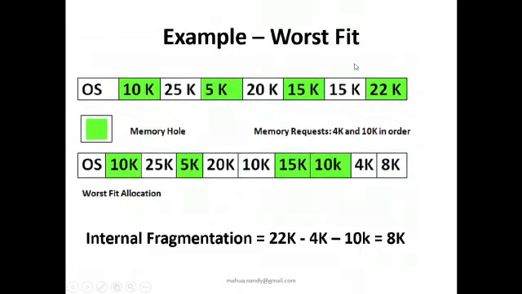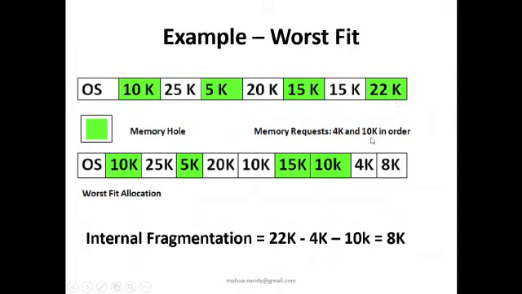If we consider worst fit algorithm, in that case we are considering the same memory requests, that is 4K and 10K in order. In this case, the algorithm will search for the largest hole for allocating the 4K request. The largest hole is 22K. So after allocating 4K inside this empty hole, 18K is available as fragmentation, and for the 10K request, that 18K hole is the largest hole to be accommodated.